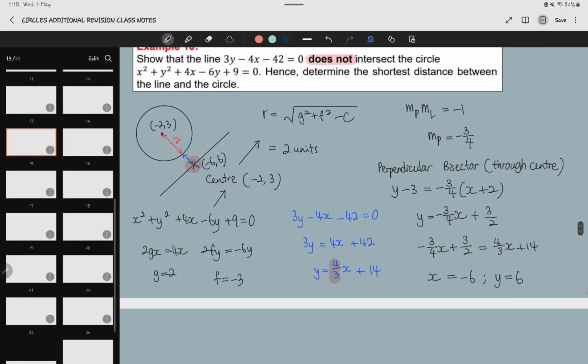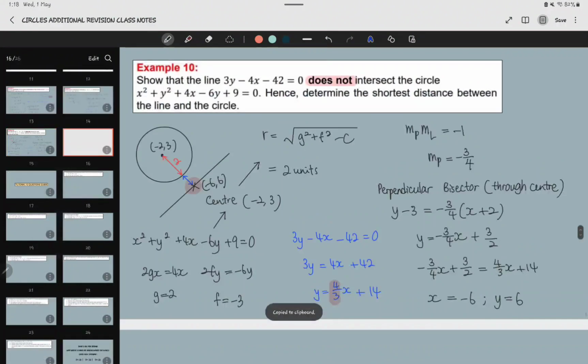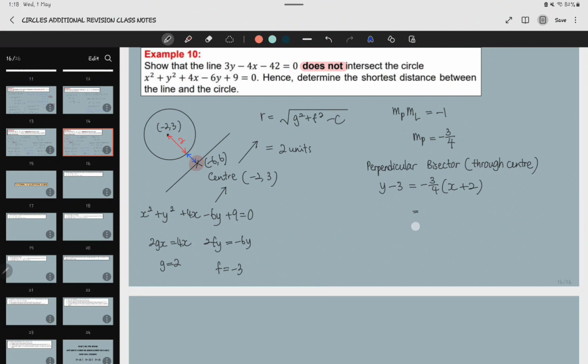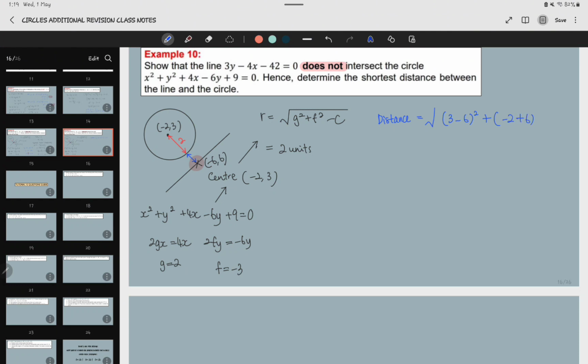Okay, so I copy paste. Once you have everything stated there, you have your intersection point, you have your center, you can find that distance. So how to find that distance? Same as before, distance would be square root y2 minus y1 squared plus x2 minus x1 squared.